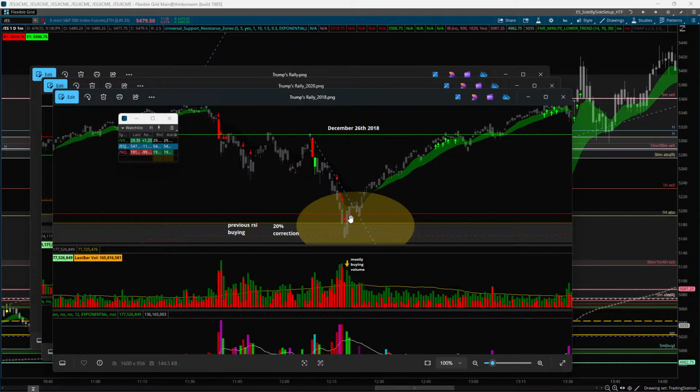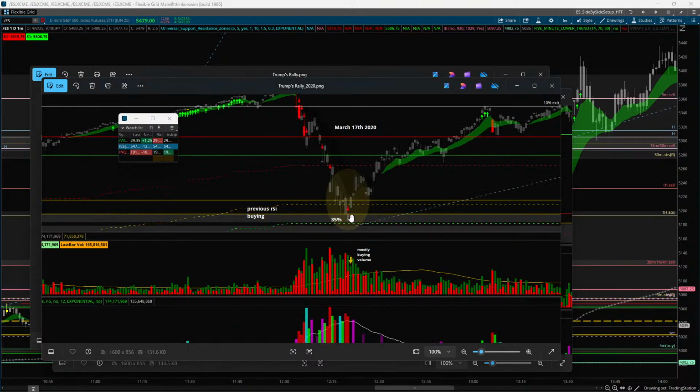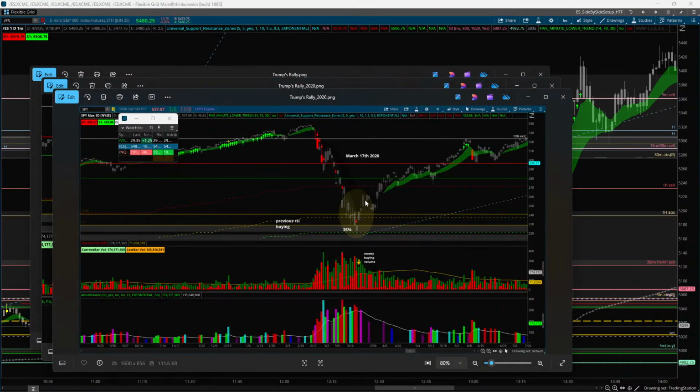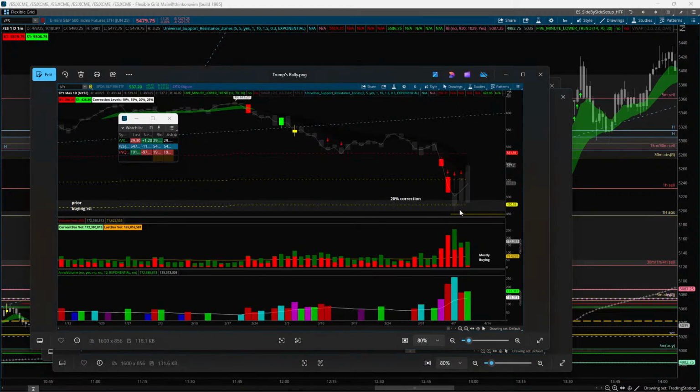Then we have 1 2 3 4 5, right? We have a pull up, pull back right into that level, and then it went. Same thing with this one here, pull back, came back to somewhat of a level. I have to figure out how much of that pullback was on both of these, because that might give us the idea of how much price might have to push back, because they all had the clouds.